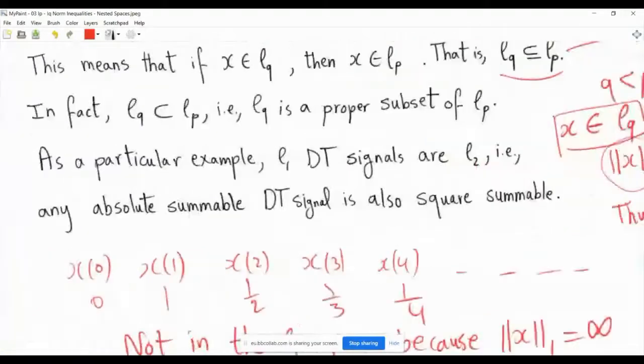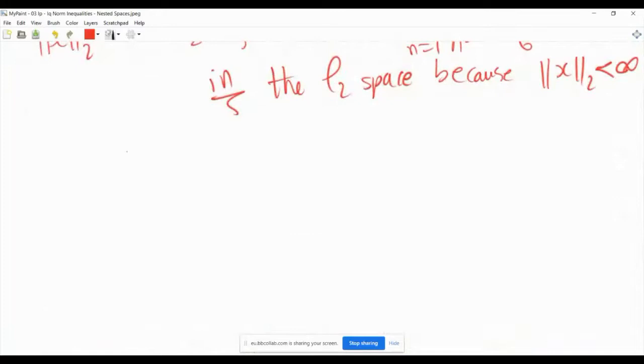Now, what about sequences? What about functions? What about continuous time series? So what about the LQ and LP spaces?